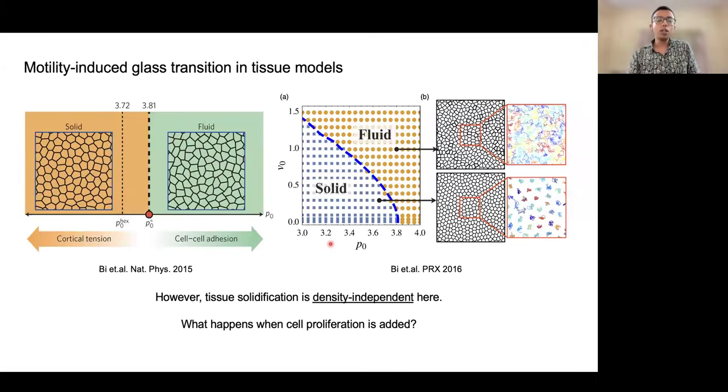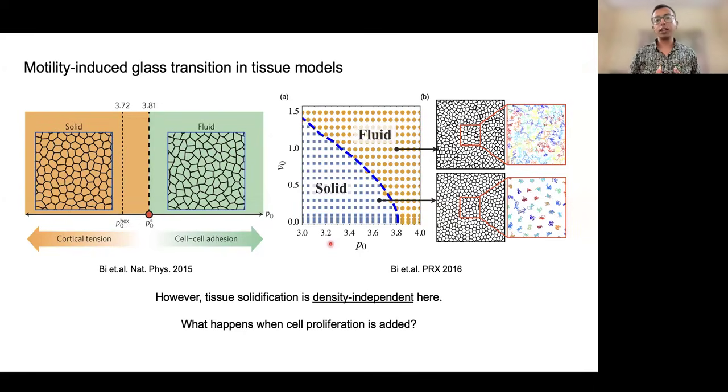And one of the most successful theories, fortunately, has been done in the absence of any density dependence. Max B and colleagues showed a remarkable result: if you take an epithelia in a model called the Vertex model, which I'll define in a slide or two, the transition from a fluid-like state to a solid-like state is driven by the shape of the cells in the tissue instead of anything else.